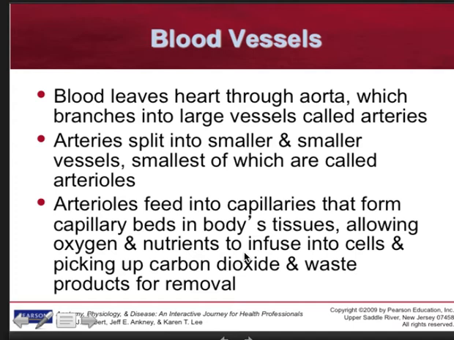And this allows us to maintain fluid homeostasis, pH homeostasis, and it also provides the life-giving oxygen necessary to generate sufficient ATP to remain alive.